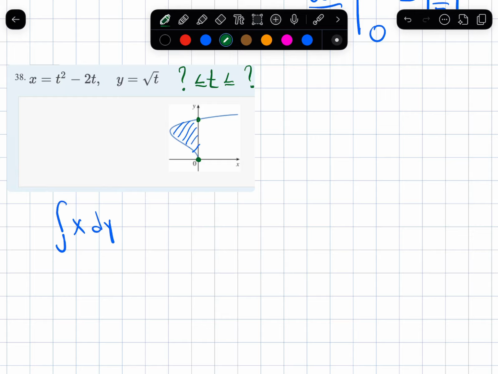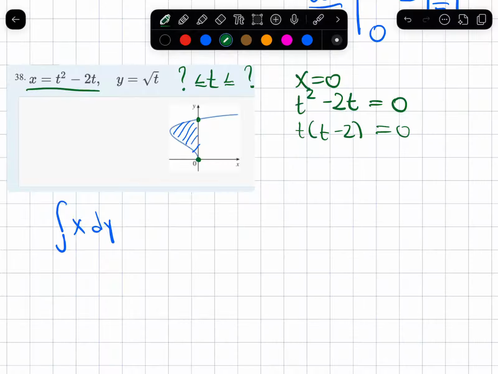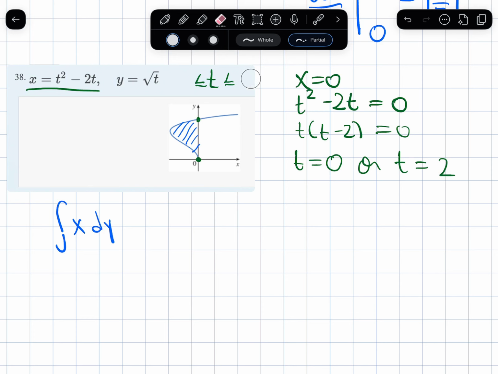So these points are the points where the function touches the y-axis, which means x equals 0 at these points. So I can solve for these points by setting x equal to 0, right? Because x is t squared minus 2t, so that means that if I factor, then either t equals 0 or t equals 2, and so that means t is going to vary from 0 to 2.